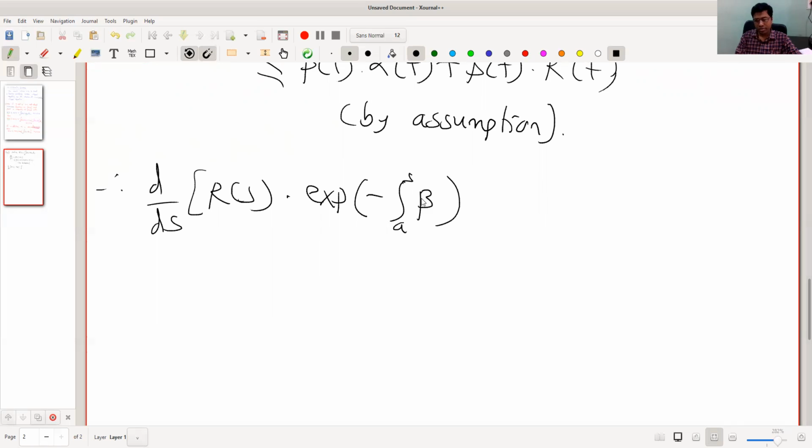Beta means beta of some dummy variable tau, beta of tau d tau. It doesn't matter, we can write beta of tau d tau, but writing simply beta is also fine.